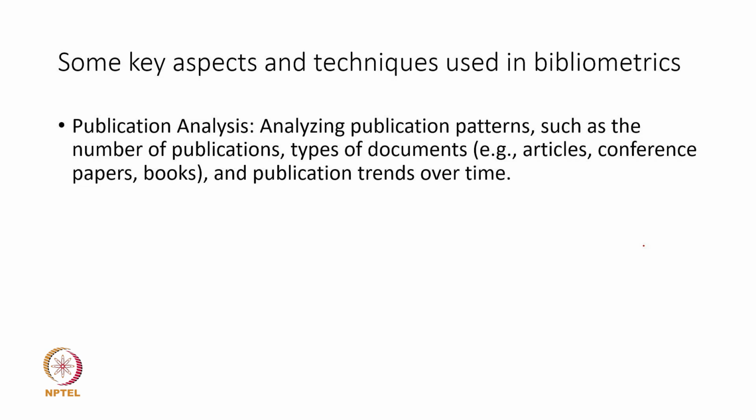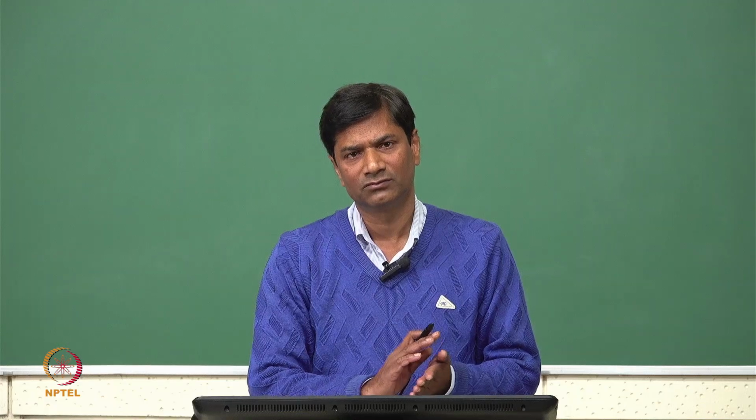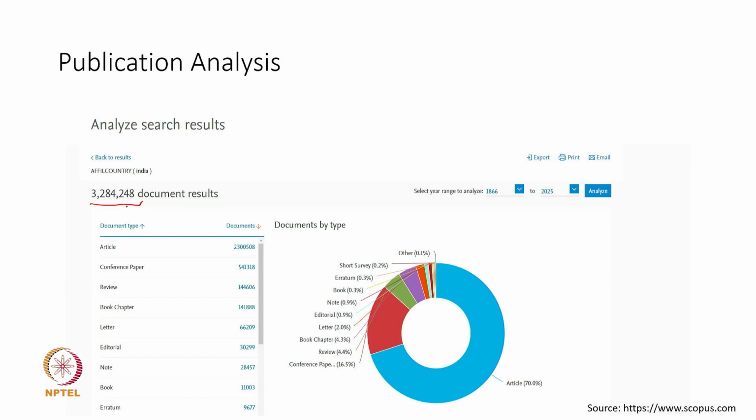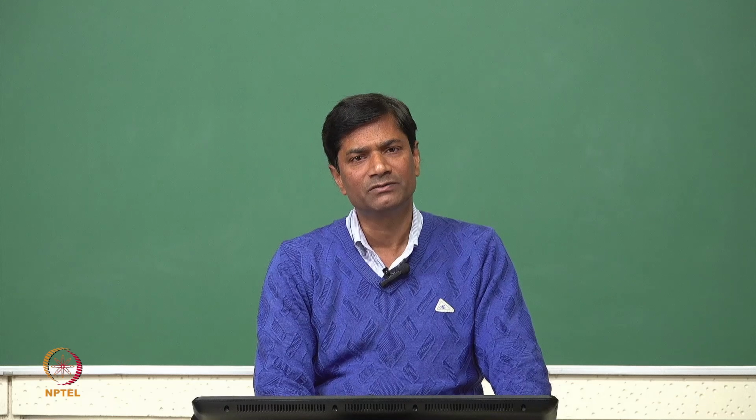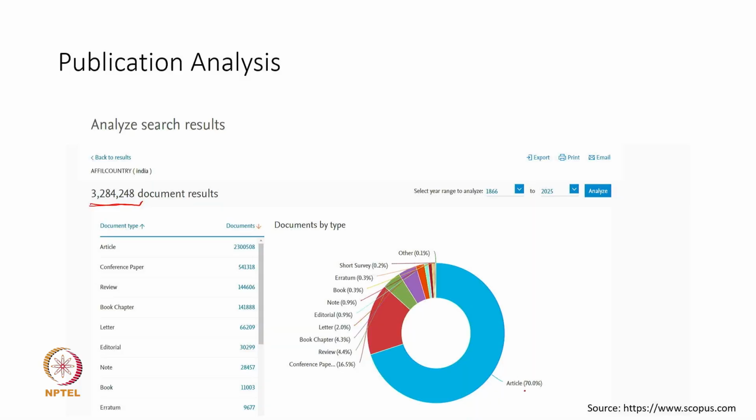Another is publication type. If you want to see, out of the 3.2 million publications we found earlier, what are the different types of publication that appear, then we come to know the share of articles is 70%, followed by conference proceedings.